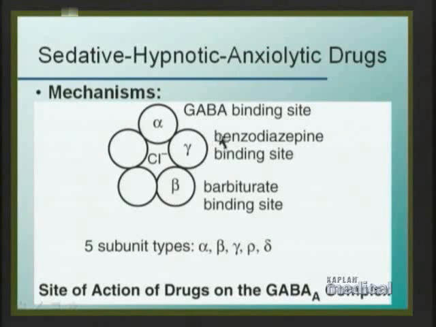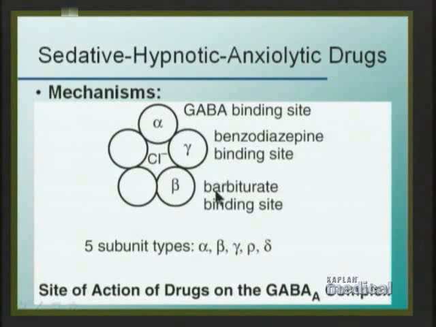Now, the fact that they bind to another site is going to be at the basis of their different effects on GABA activity. Be aware that benzodiazepines need the gamma subunit of GABA receptors to do their jobs. Barbiturates need the beta subunit to do their jobs. And interestingly, there is no overlap in the binding sites of a benzodiazepine and a barbiturate.